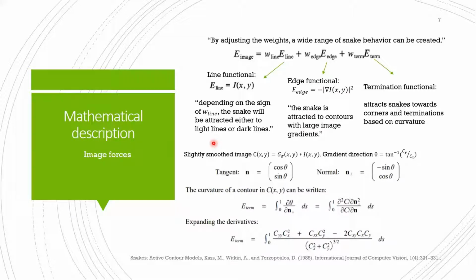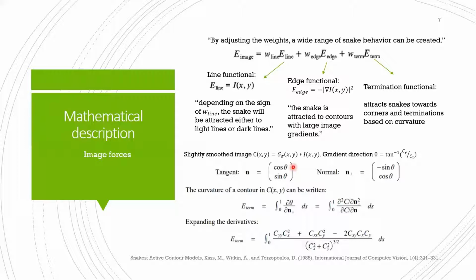Cy and Cx are the gradients of the image with respect to the Y direction and X direction. We can define a tangent vector n as cos theta and sin theta, and the normal vector perpendicular to that as minus sin theta, cos theta. And using this E term, the energy terms, we can minimize the energy.